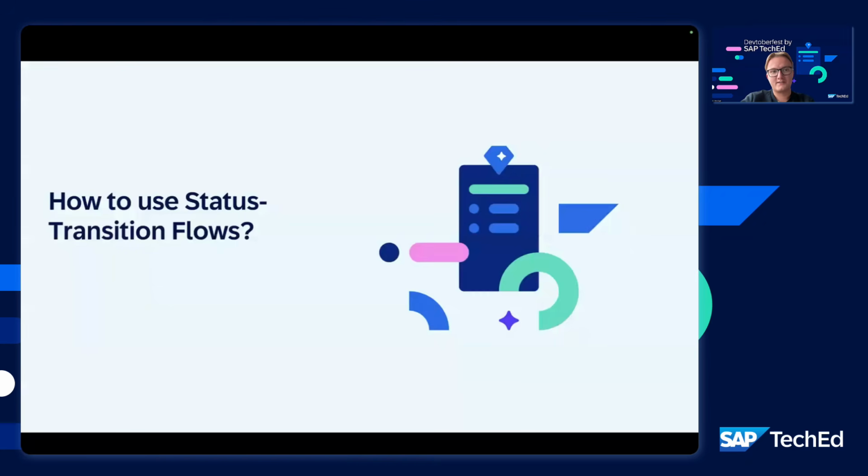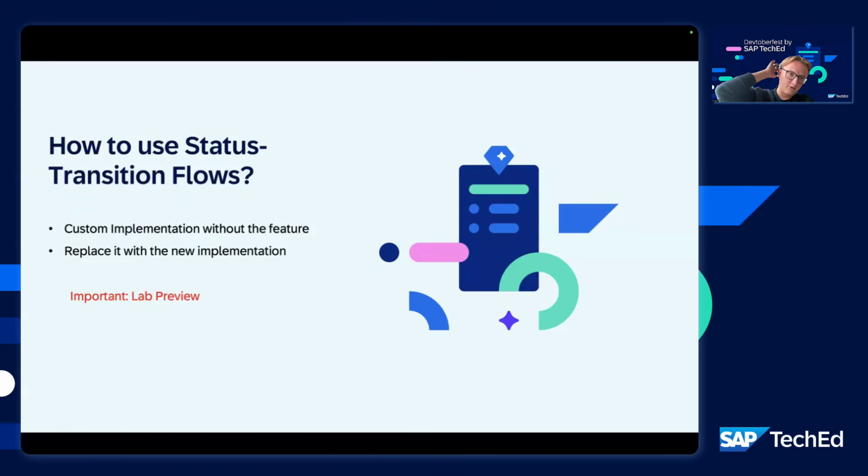So with those restrictions in mind, we can dive directly into the demo part and have a look at how to use the status transition flows. We will do that by, first of all, having a look at the custom implementation without the feature, where you will see a lot of boilerplate code.